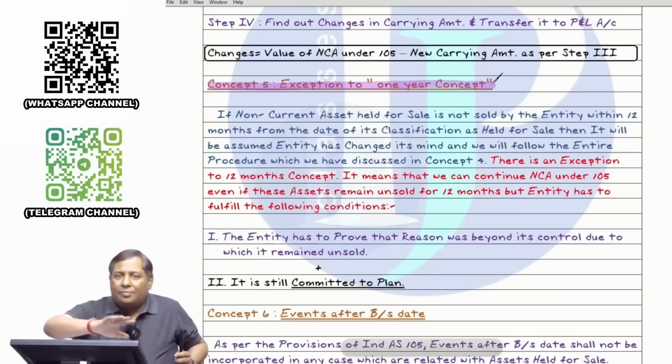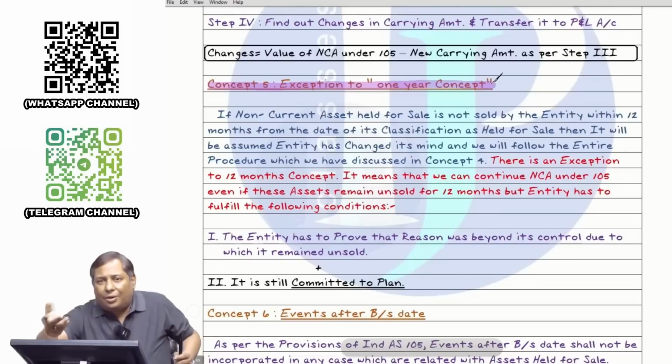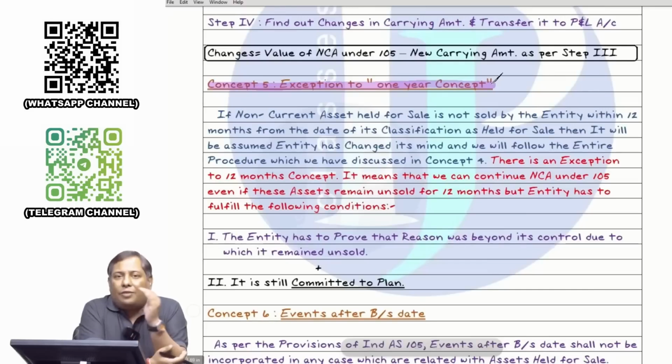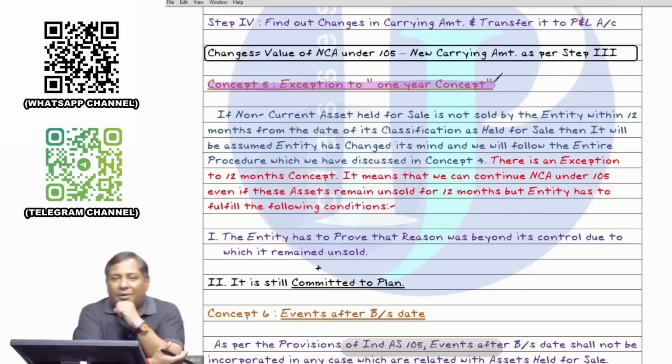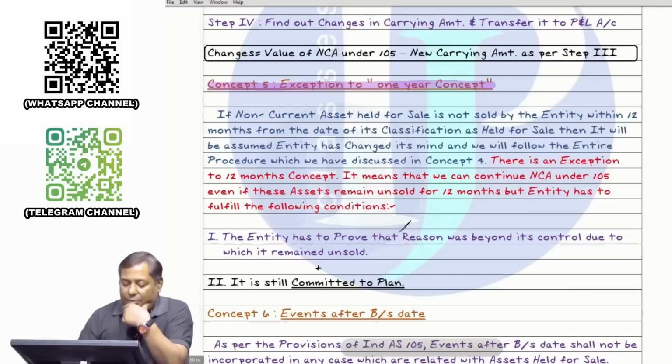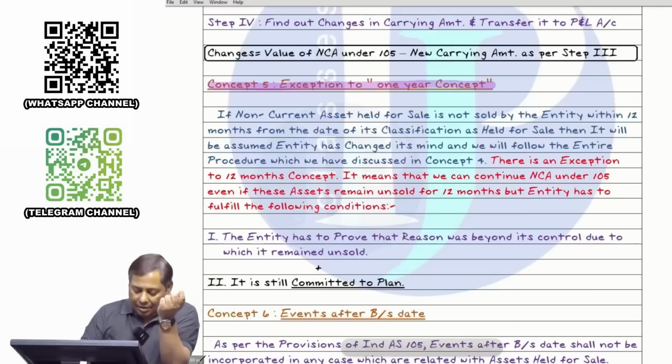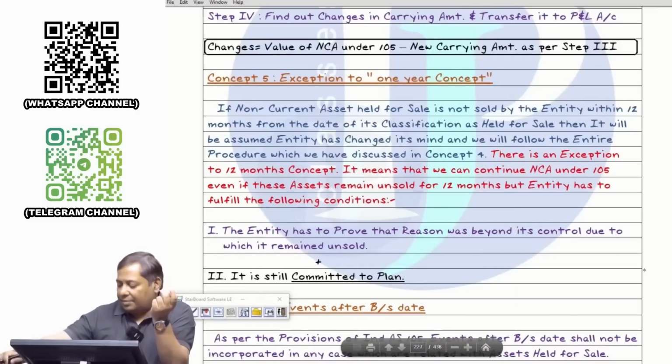If the entity is able to convince the auditor for this matter, so they can stay in 105. But if they cannot convince them and 1 year has passed, so apply change in plan and send it back. Because the process should have been completed within a year, I told you this. Then we were on concept number 6.